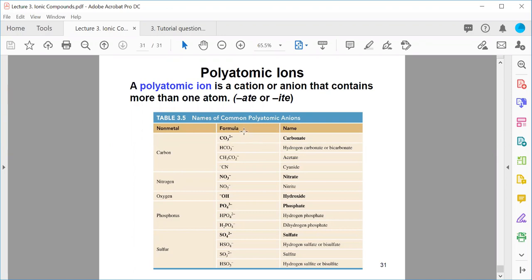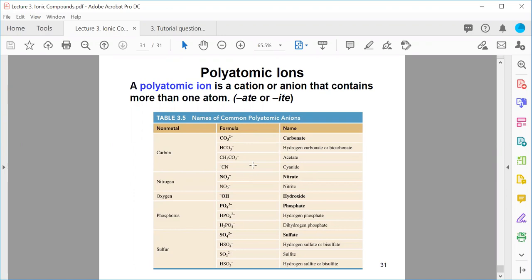So these are actually covalent compounds that carry overall charges because, of course, the number of protons and electrons are unequal.